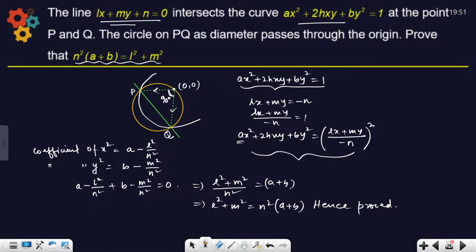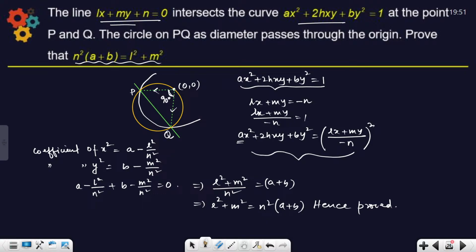Is it clear now? So what I have done, they have said that a line is given to us and it intersects a given curve at 2 points here, P and Q. And by taking this P and Q as a diameter, we draw a circle which is passing through the origin.